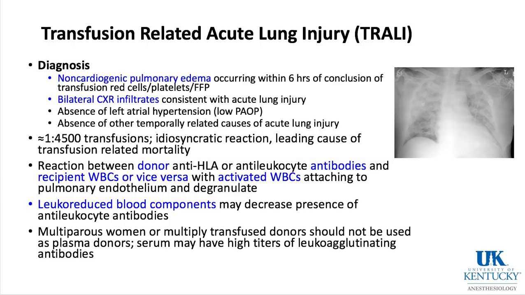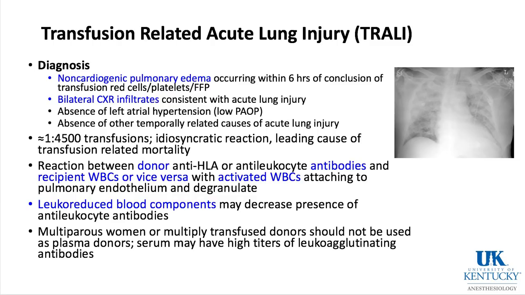The reaction is between antibodies and white blood cells, degranulating in the alveolar units of these patients. So when white blood cells degranulate, they release the stuff that's inside them and damage the endothelium of the pulmonary system and cause this bilateral pulmonary edema.